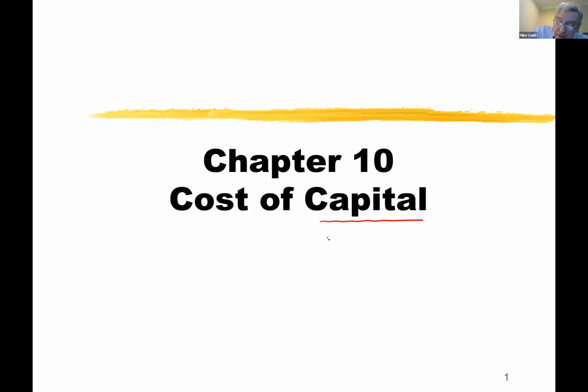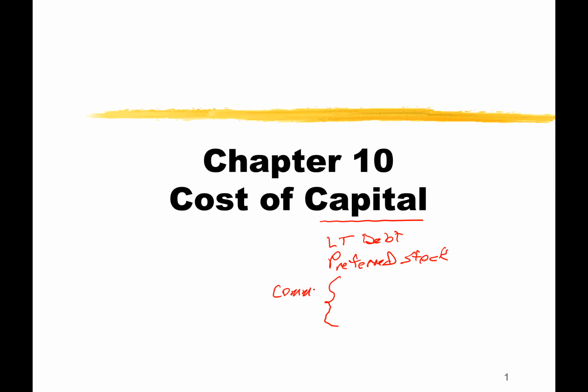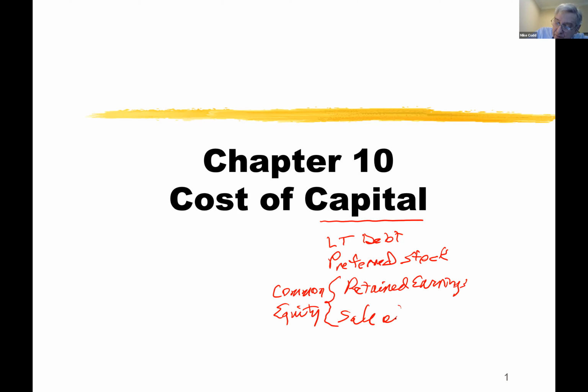This would primarily be long-term debt, preferred stock for the few companies that sell preferred, and then under the category of common equity, we would have retained earnings, and the sale of new common stock shares.